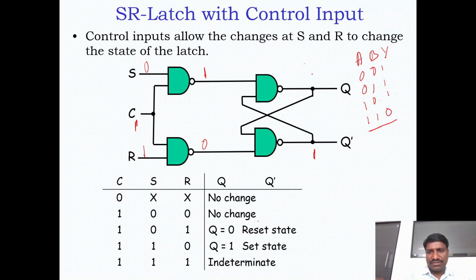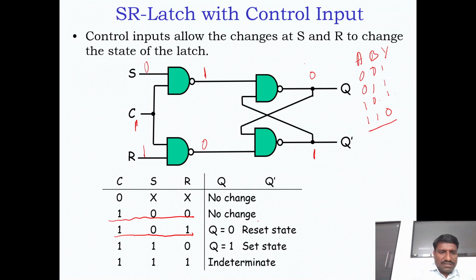So this is 0. So I am getting 1, 0, 0. Are we looking at 1, 0, 0? No. We are really looking at C = 1, S = 0, R = 1.